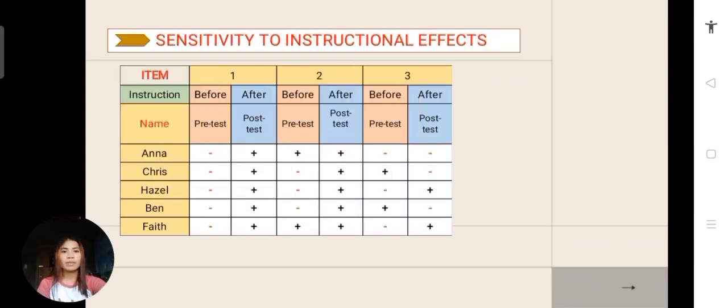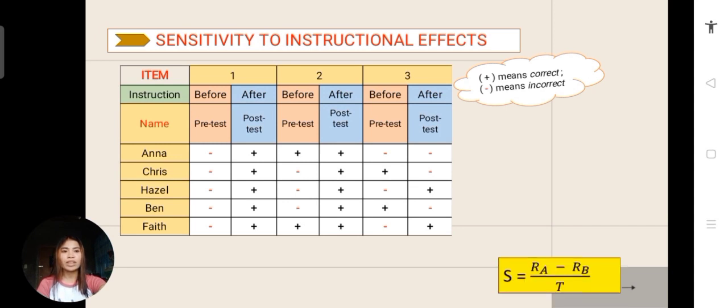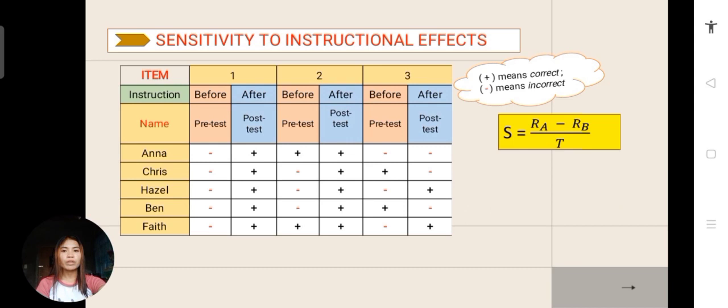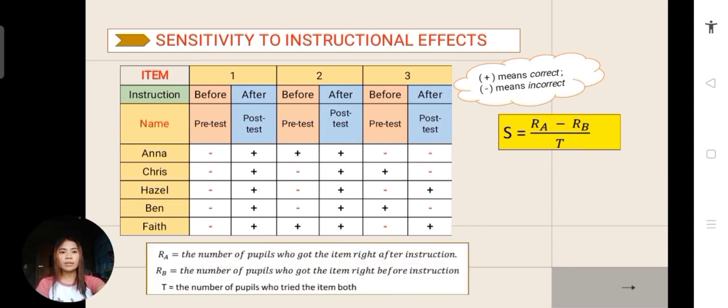For example, in this table, we have items 1, 2, and 3 with 5 students, namely Anna, Chris, Hazel, Ben, and Faith. Note that the plus or positive symbol means correct and the minus sign means incorrect. Computing the point biserial correlation based on this table, we have a simple formula: S equals R sub A minus R sub B over T, where R sub A is the number of pupils who got the item right after instruction, and R sub B is the number of pupils who got the item right before instruction.